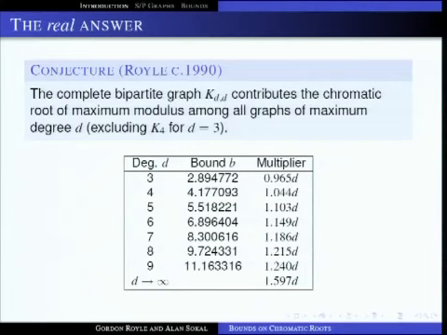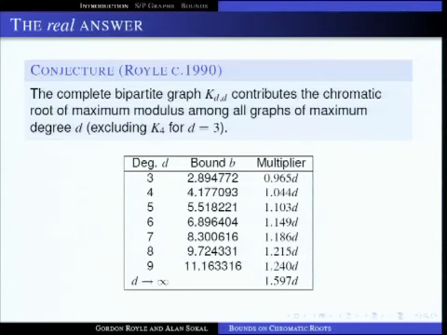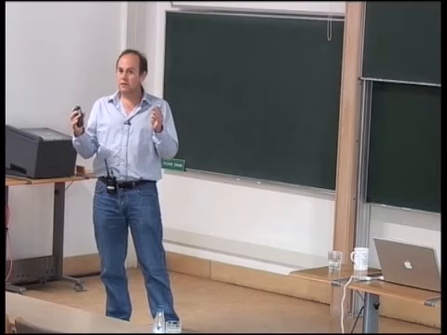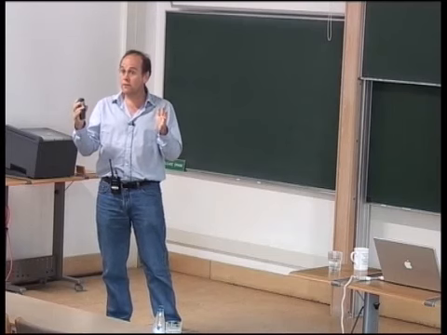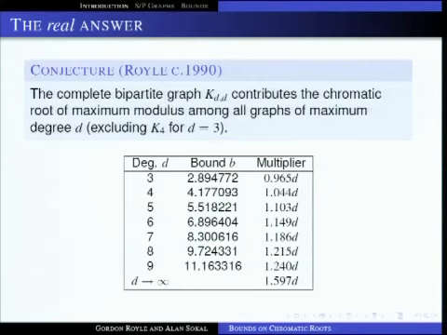So the complete bipartite graph. Take a 5 regular graph, or a graph with maximum degree 5. Take K55, well that's got a chromatic root of modulus 5.5. Then I claim no matter how big the graph is, as long as the maximum degree is 5, then the zeros are constrained within a disk of this radius.